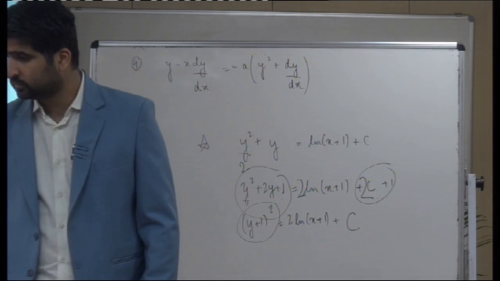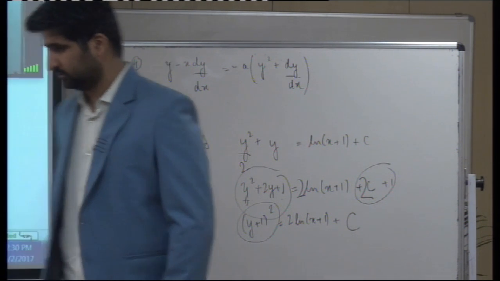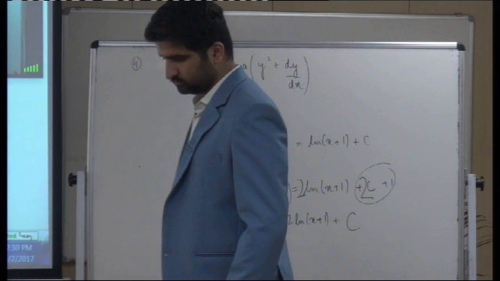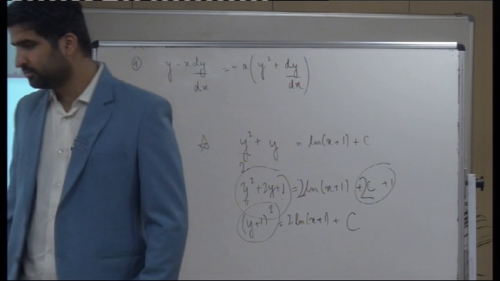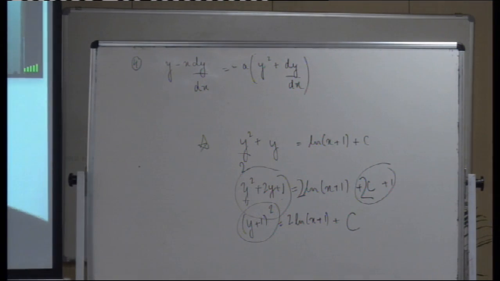Done? This one. Okay. What are you getting? But you need to have a y square. This will be in the denominator, no? This will be in the denominator, no?